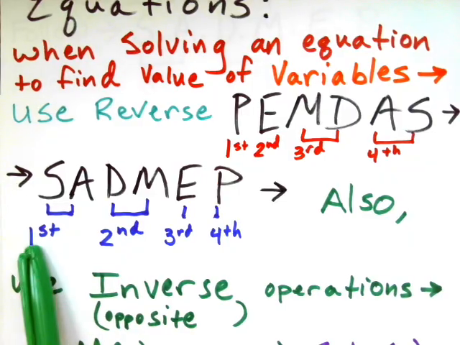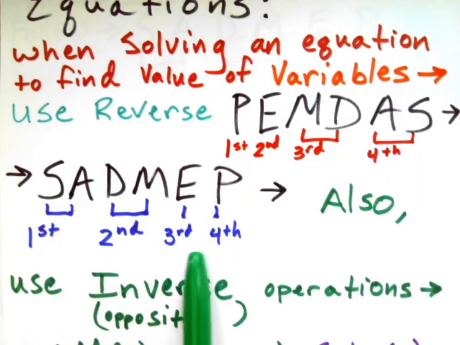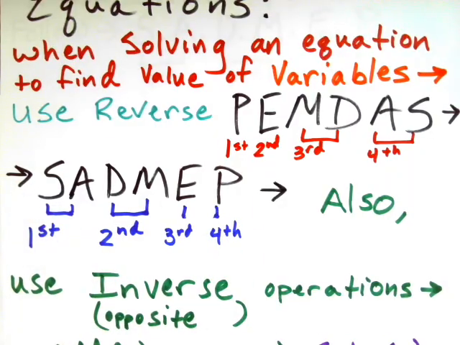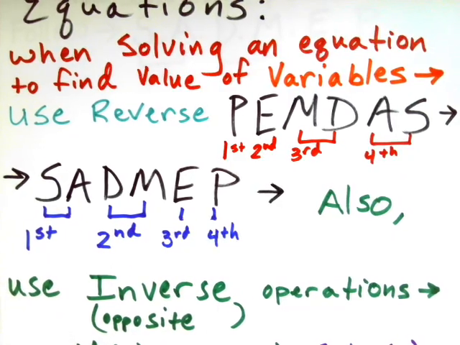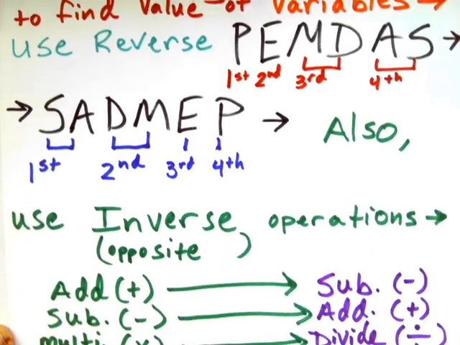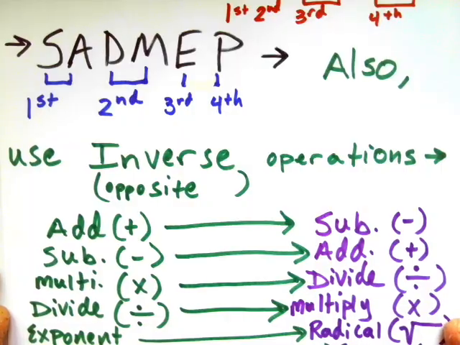So when you're solving for x or y or z in these one or two step equations, this will help remind you of what to do first. First, we do opposite of adding and subtracting, and then multiplying and dividing, and then you work on those exponents. So here is a quick reminder of using inverse operations.